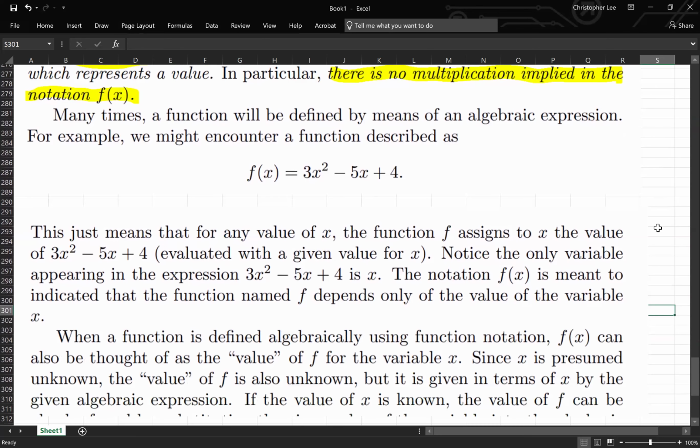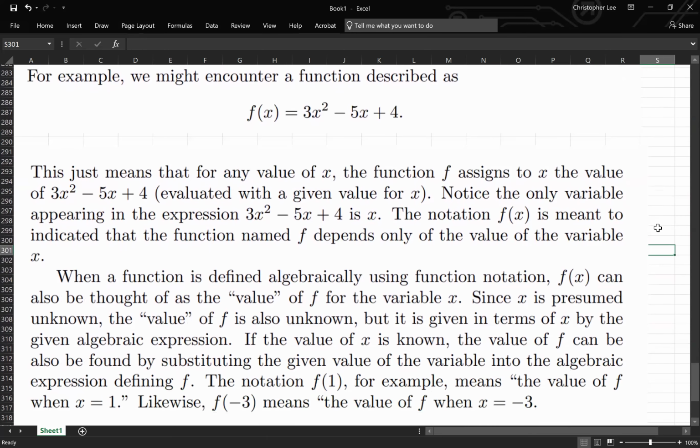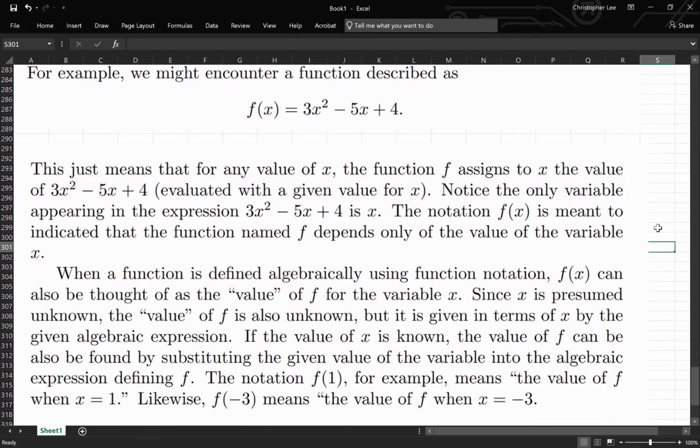So when a function is defined algebraically using function notation, f of x can also be thought of as the value of f for the variable x. Since x is presumed unknown, the value of f is also unknown, but it is given in terms of x by the given algebraic expression.